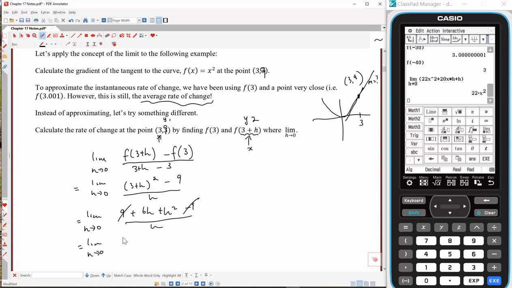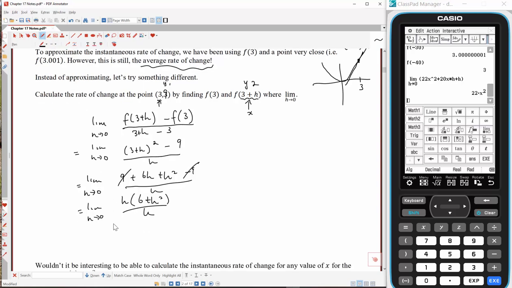Haven't used my limit yet. I'm going to pull out h as a factor. h times 6 plus h, over h. Now, those cancel out. Now we're left with 6 plus h. Now I'm going to throw the limit in there, which means that h goes to 0. 6 plus 0 is 6.